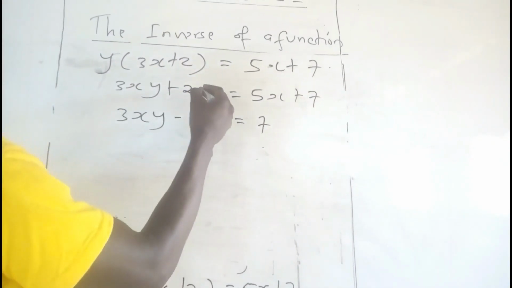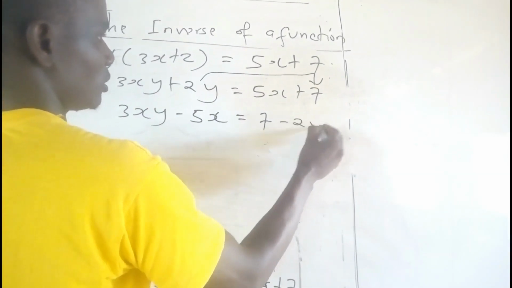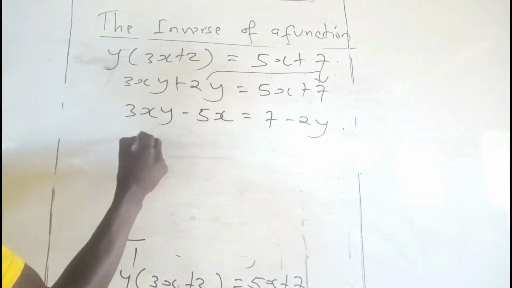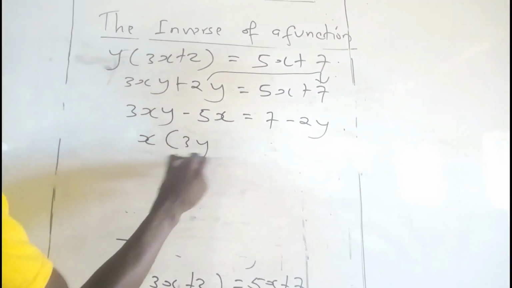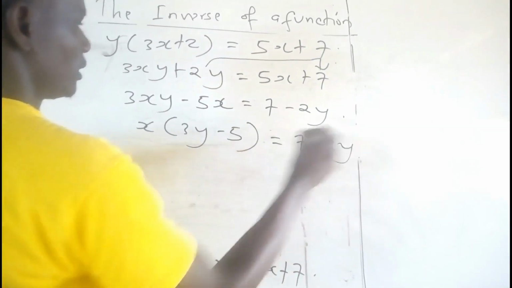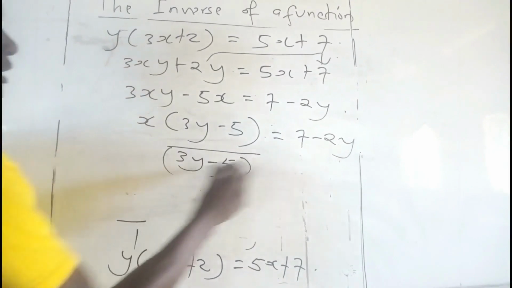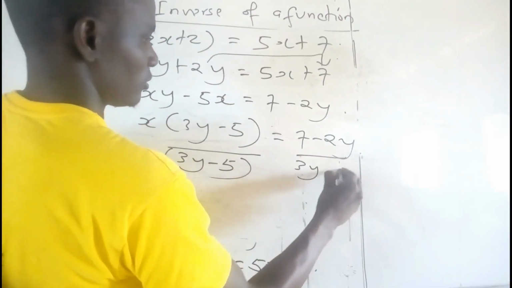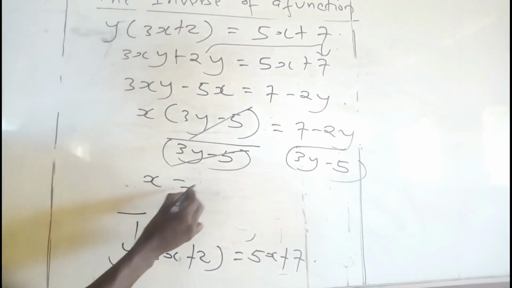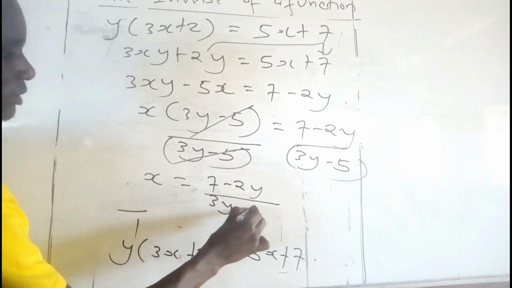Then you can take this 2y this side so as to become minus 2y. If we factor out x, we'll have 3y minus 5, which is 7 minus 2y. Then we can divide both sides by 3y minus 5, so that this and this goes. So my value of x will be 7 minus 2y all over 3y minus 5.